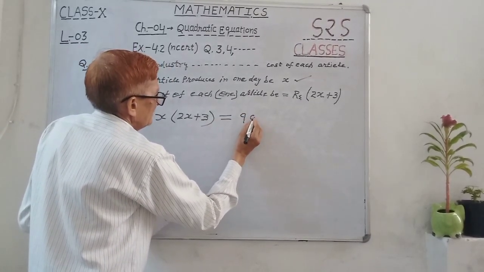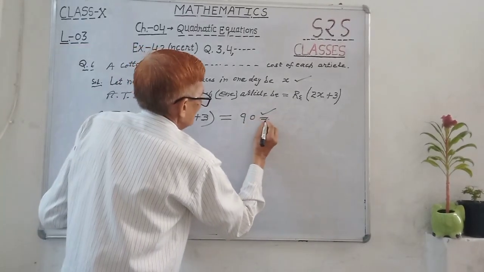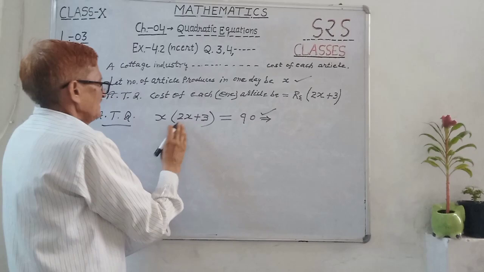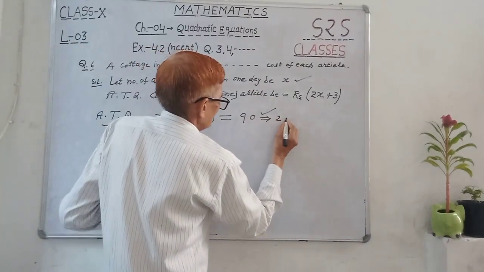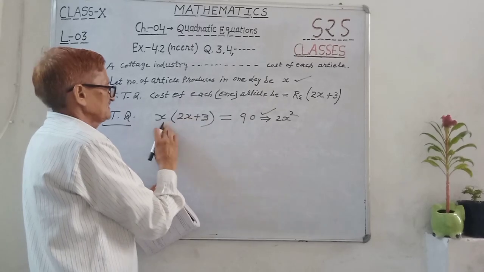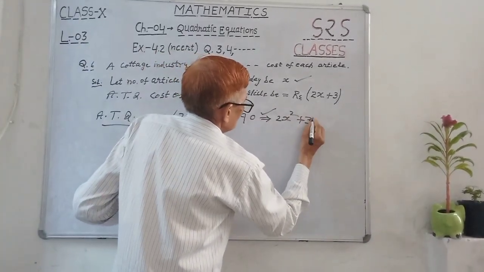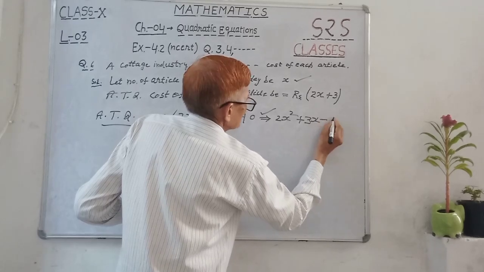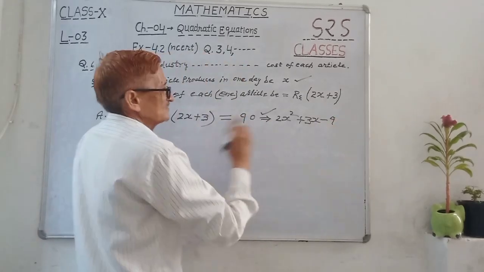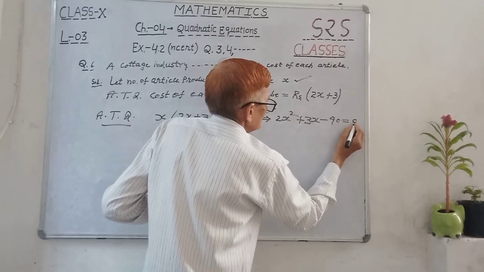This is the cost equation made. Now simplify. This will be 2x square plus 3x minus 90, take 90 also to this side, is equal to 0.